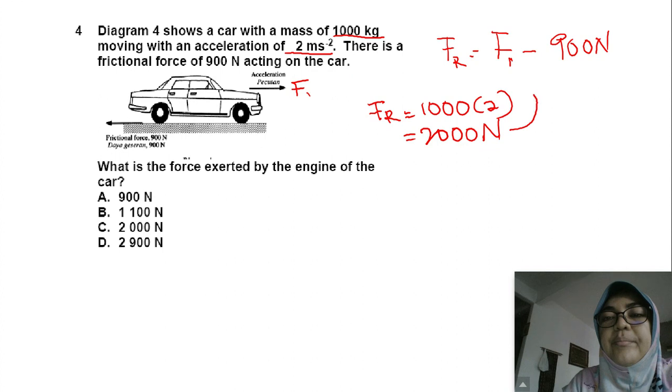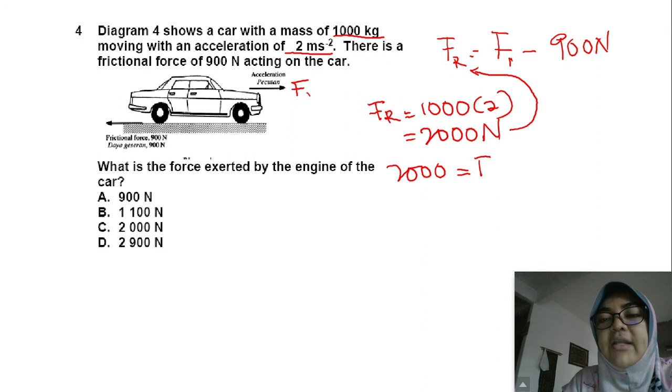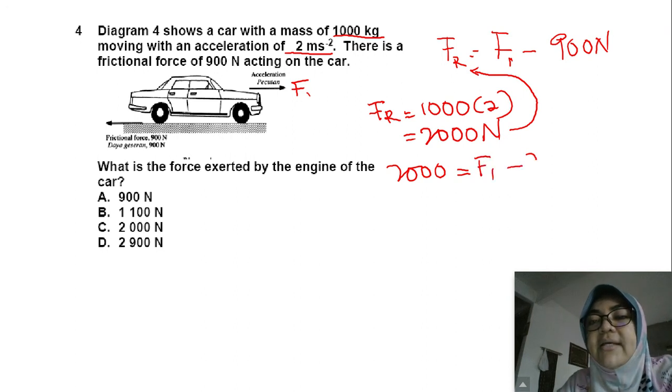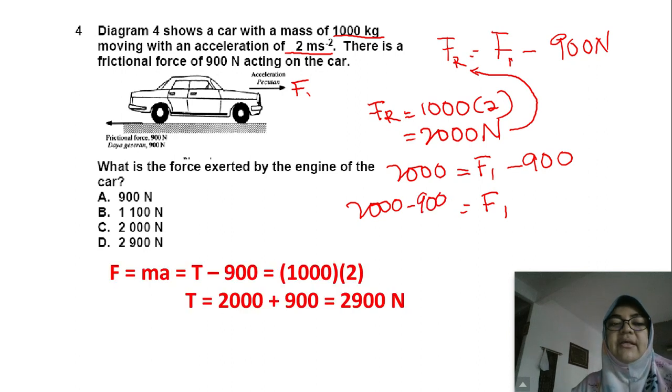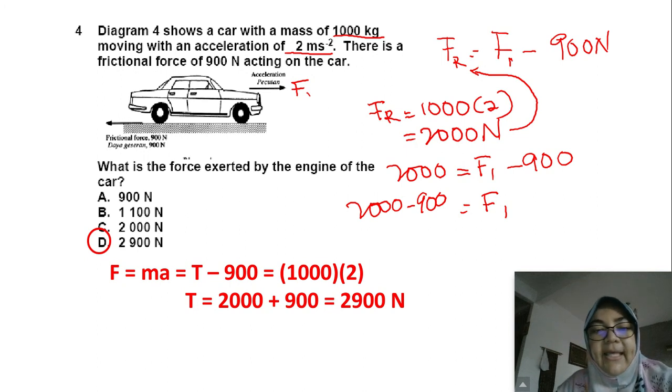Okay, so we substitute this value, 2000 Newton equals F1, the force exerted by the car, minus 900. So F1 is 2000 minus 900. So the answer should be A. Oh, plus, sorry. Because this is a negative sign, when we shift to the left, it should be plus. Okay, so the answer is 2900. So please don't make my mistake.